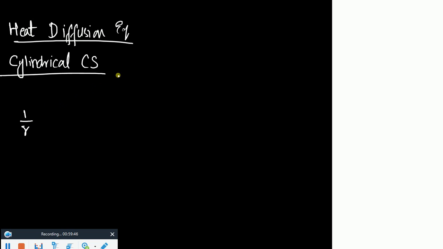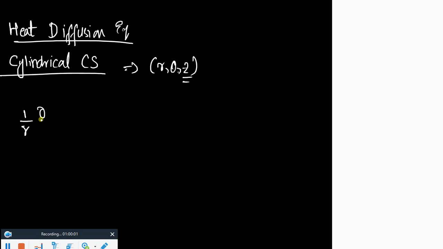This is 1 over R. What are the cylindrical coordinates, by the way? R, theta and Z. You know that. R is radius, theta is angle, right? And then Z is the length.